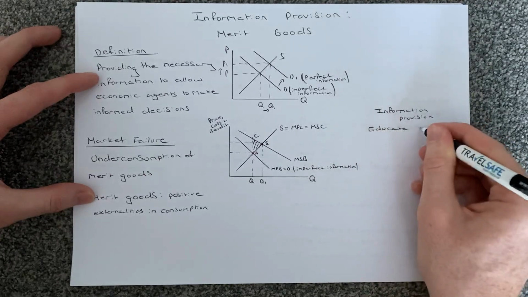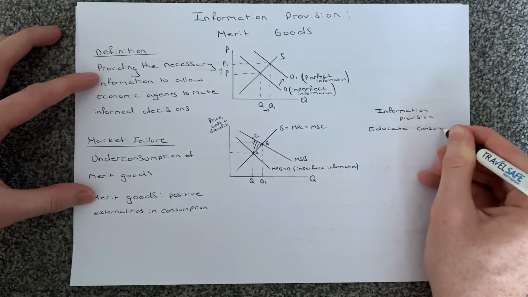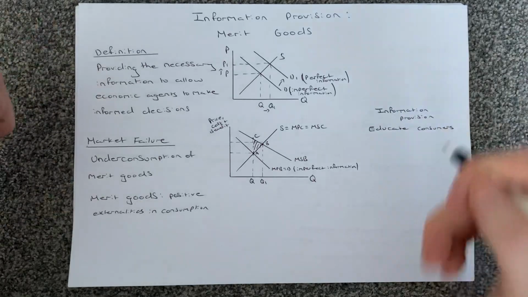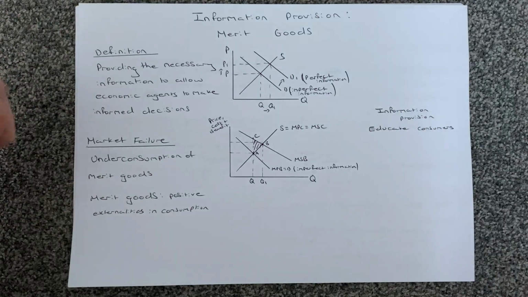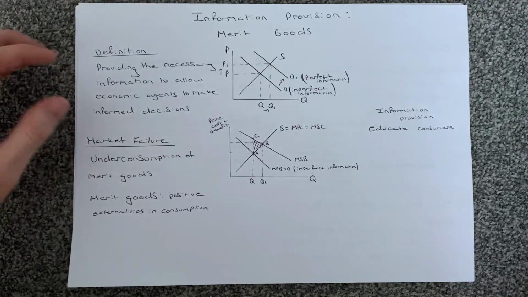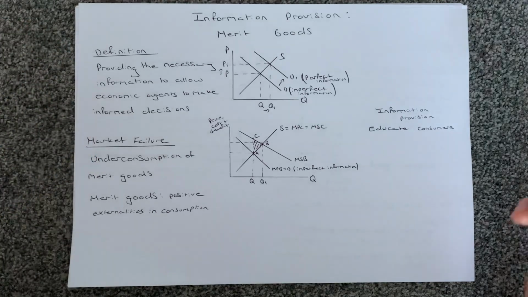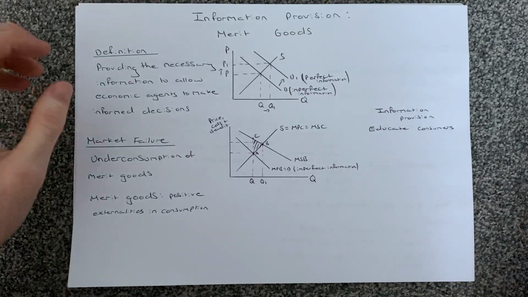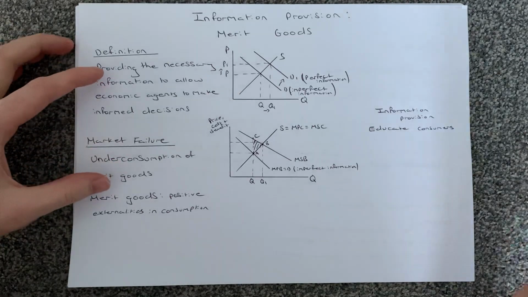So we're assuming here that consumers receive the advice and take the advice on board and act on how the advice or the information was intended for them to act upon it. Okay, so educate consumers. So what are consumers therefore going to do based on this advice? Well, they've been told they should consume more of it, so they are going to therefore consume more of it.